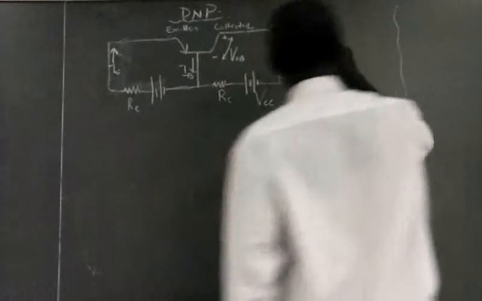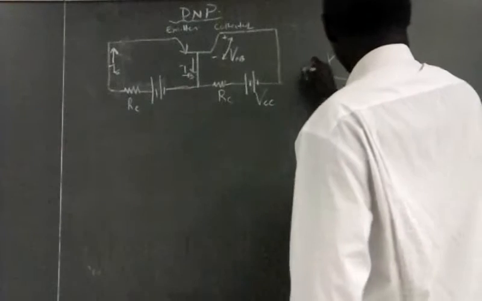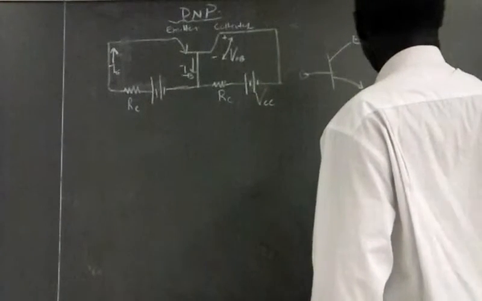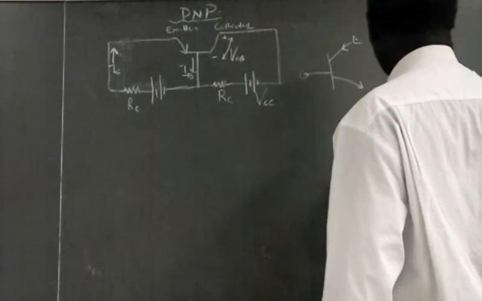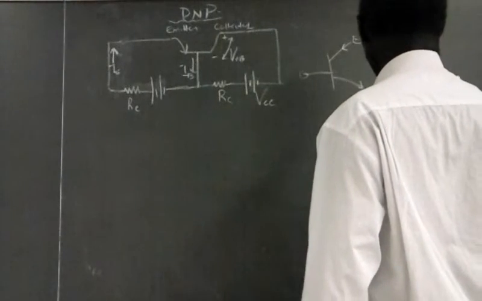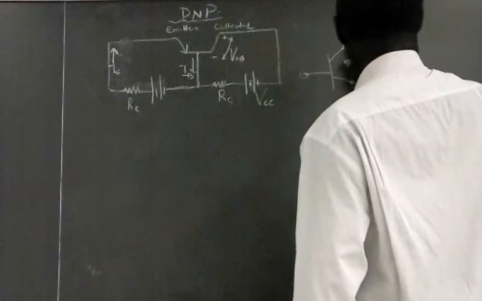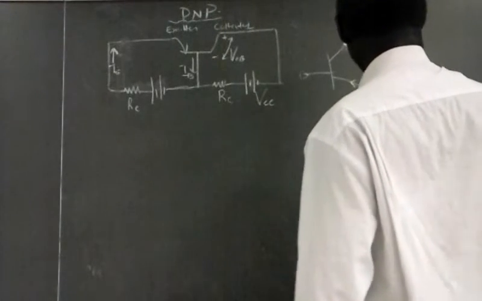I guess if you recall from our circuit diagram of the PNP, collector. So emitter was emitting, and collector was collecting with respect to the base.